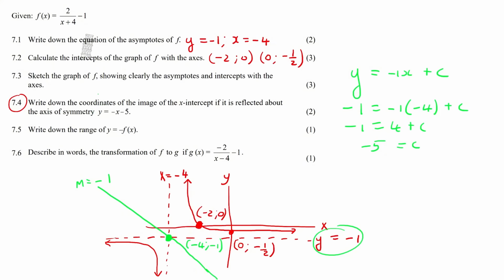And so what they are now asking: write down the coordinates of the image of the x-intercept if it is reflected across the axis of symmetry. So if they take this and they go to there, they want to know what that coordinate is going to be. Oh, well, it's very simple.